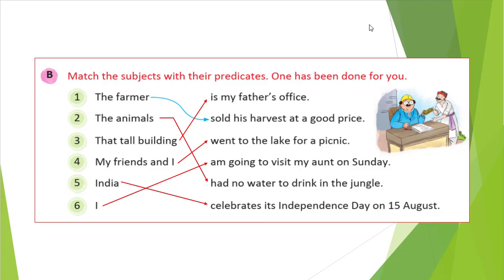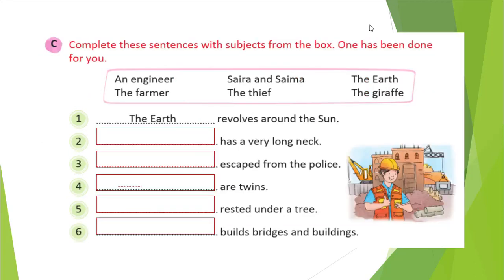That is our exercise. See what it says: complete the sentence with the subject from the box. In the first exercise we had to identify subject and predicate. In the second exercise we had to match the subject with the correct predicate.